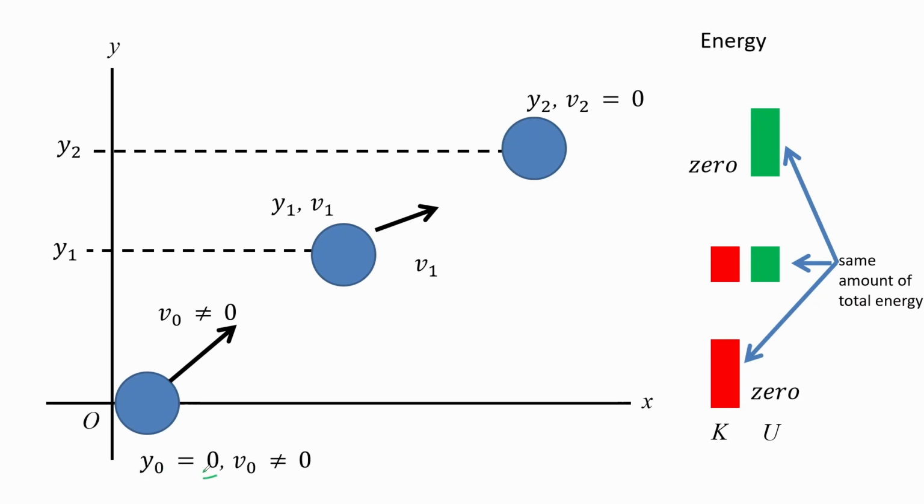Clearly, its potential energy due to gravity is zero, but it has initial kinetic energy from the launch. So as it reaches the highest part, its kinetic energy is used up, so it has no velocity, so it is zero. But it reached the maximum height, meaning it has maximum potential energy. Okay? So it makes sense.